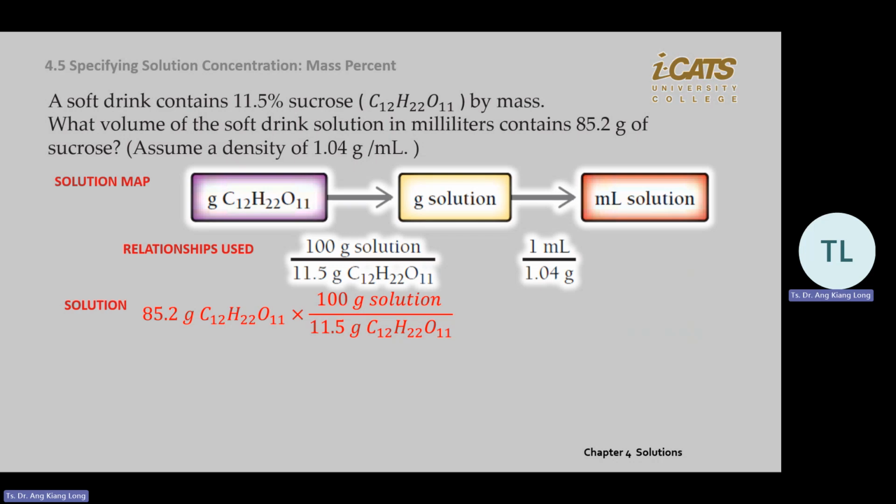Then you rearrange: y equals 100 times 85.2 gram divided by 11.5 gram. Now you can find the y gram by pressing your calculator. Your calculator should tell you 740.870.